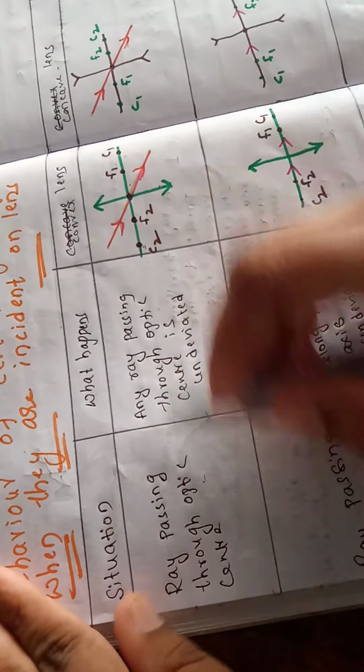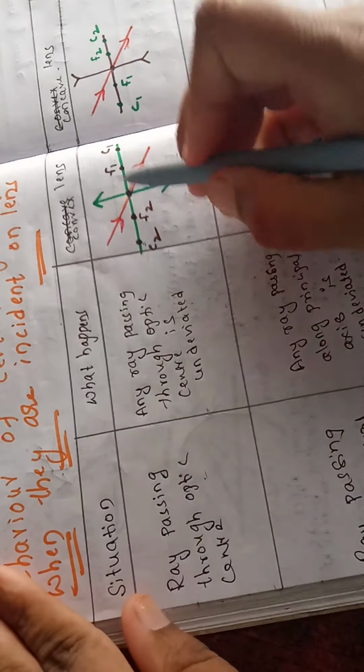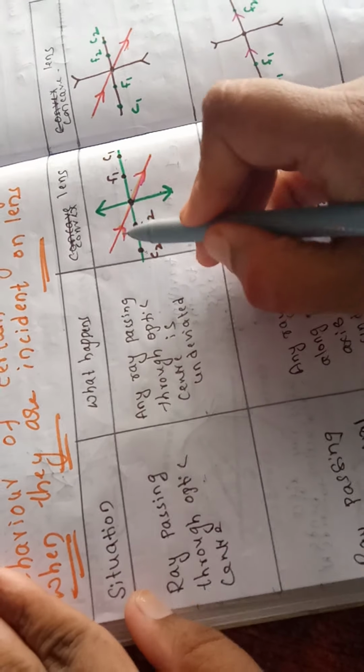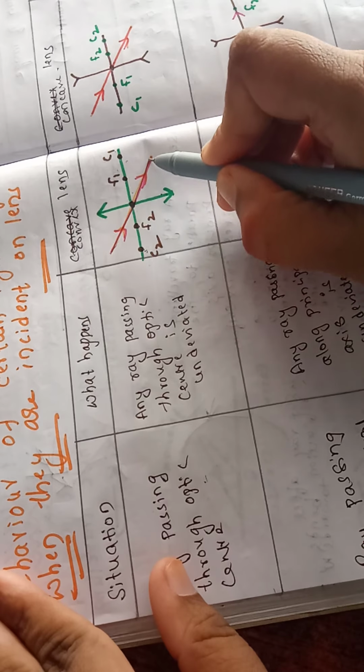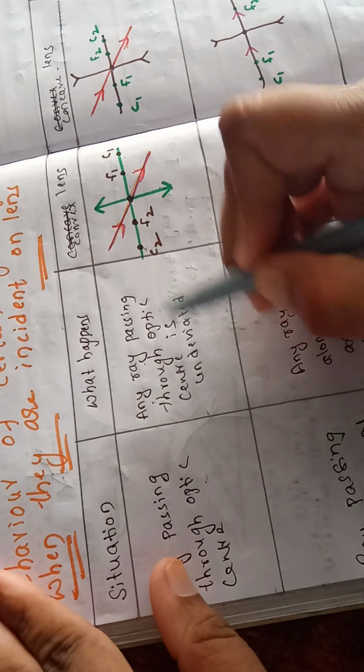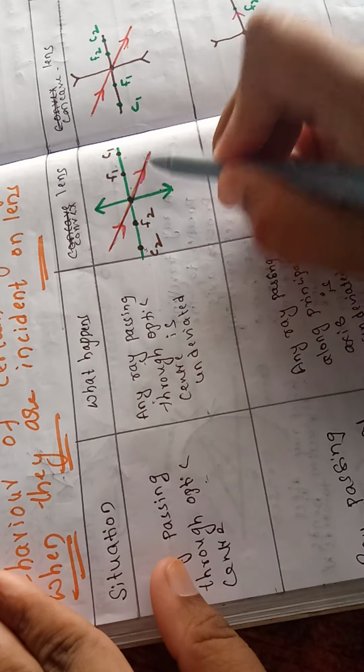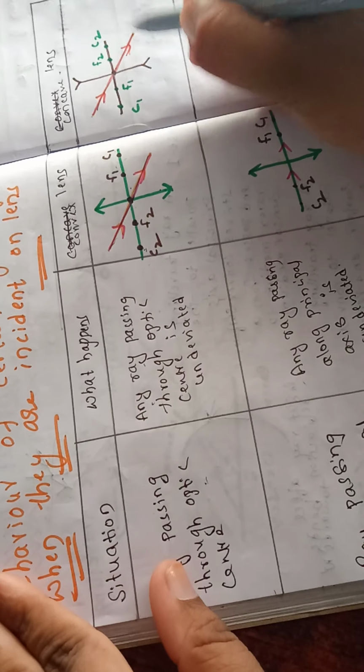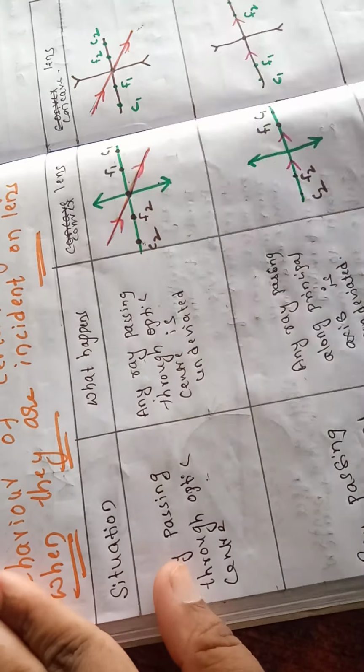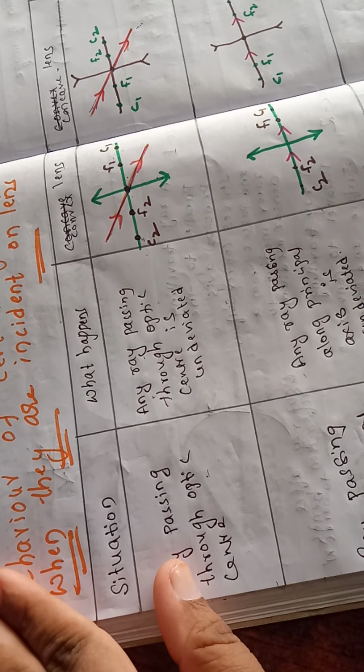Now for the ray passing through the optic center, you see it is undeviated. We didn't find any refraction here. When it passes through the optic center, it will not refract.